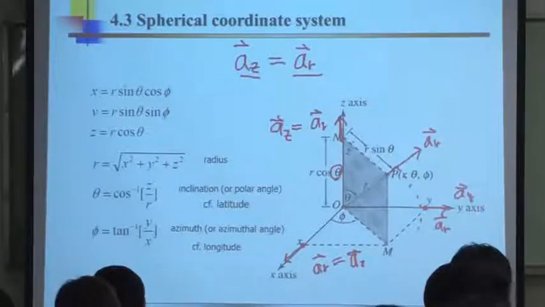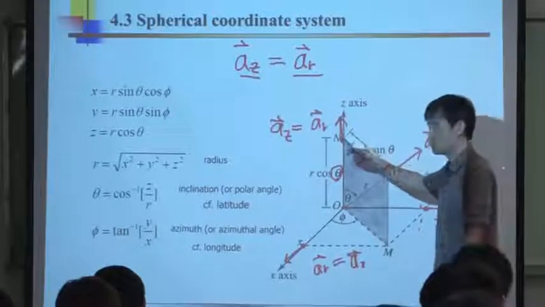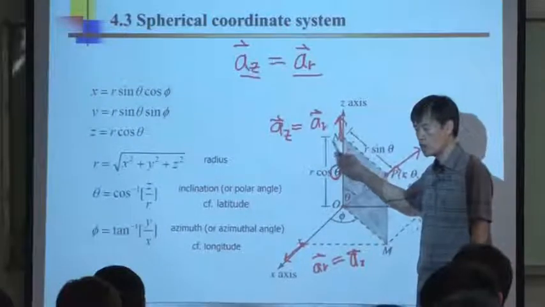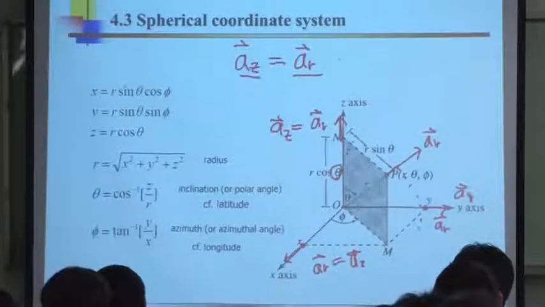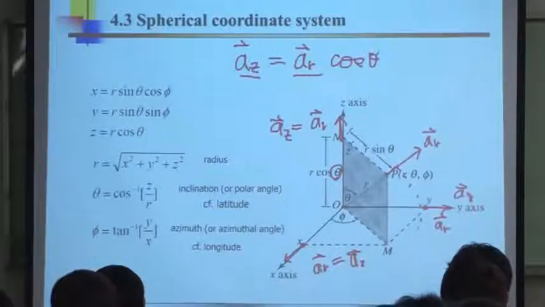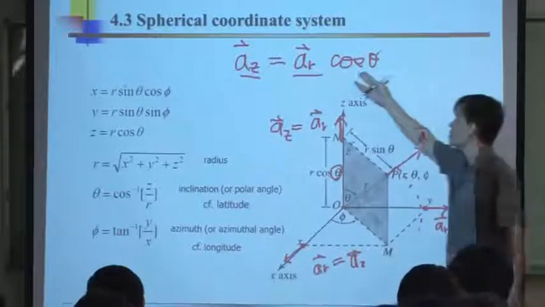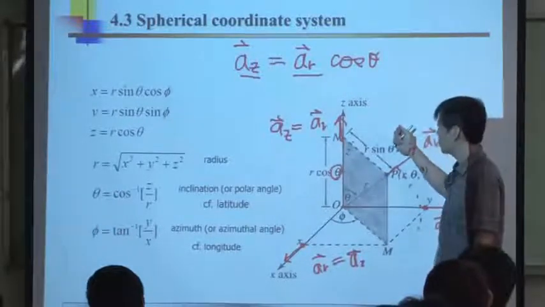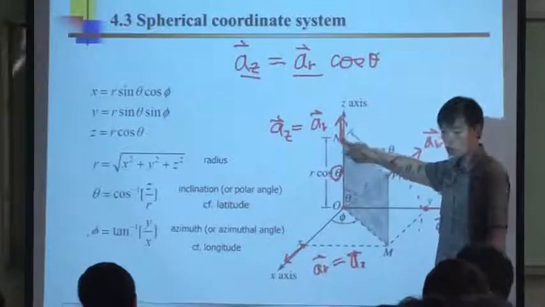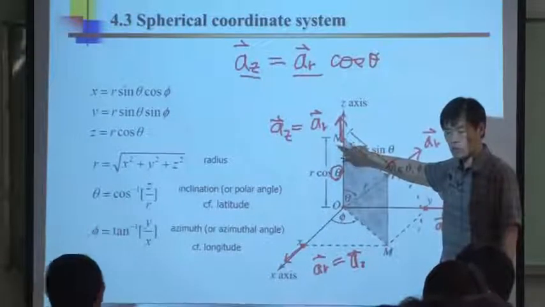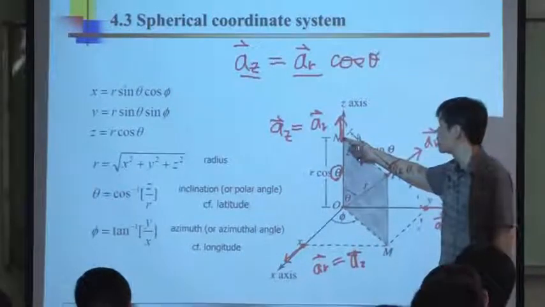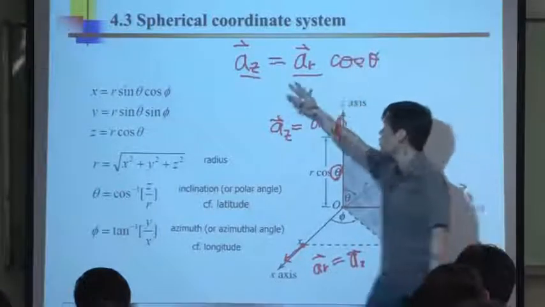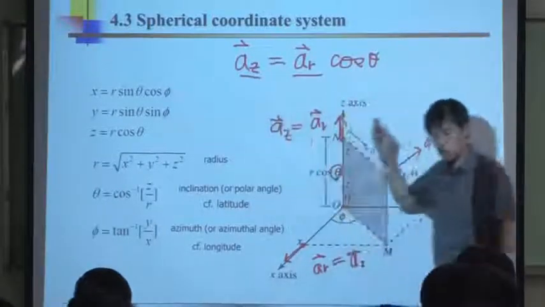And if it is located on the north pole, on the Earth at the north pole, the AR vector is exactly the same as the AZ vector. So then I can write it this way: cosine theta. If I write this factor, cosine theta, then when it is located on the north pole, theta equals 0, and then cosine theta equals 1. So then AR is the same as AZ.